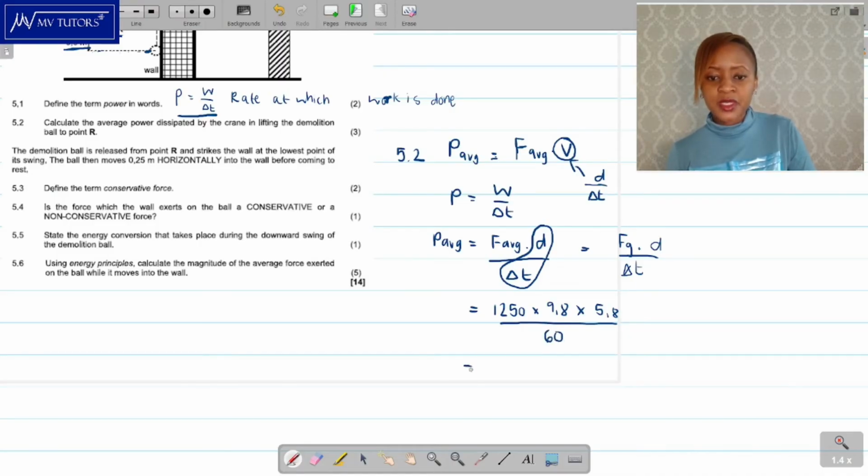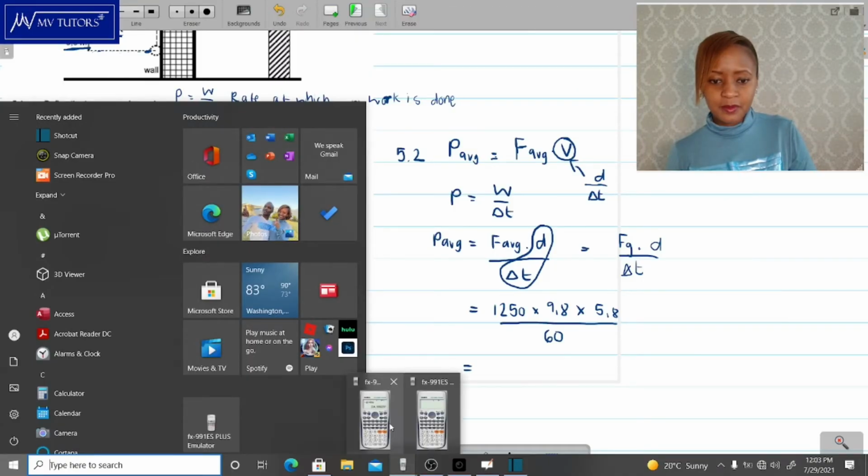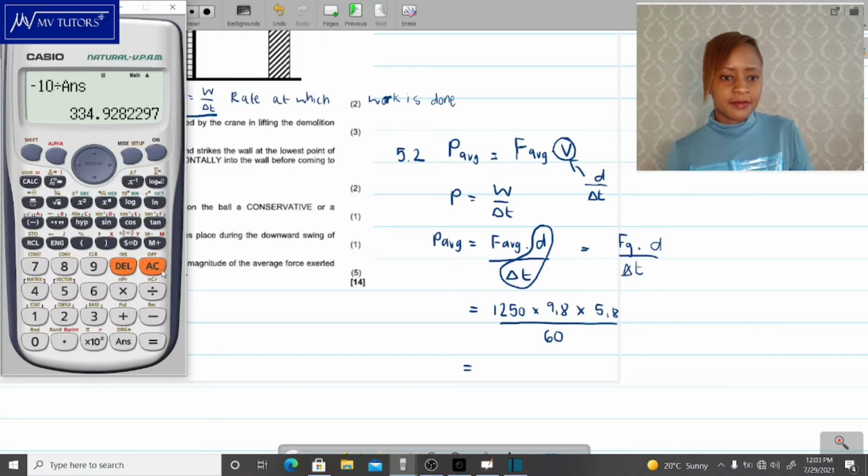And remember, the unit of power is watts. So we're just going to get the calculator and calculate that: 1250 times 9.8 times 5.8 all over 60.